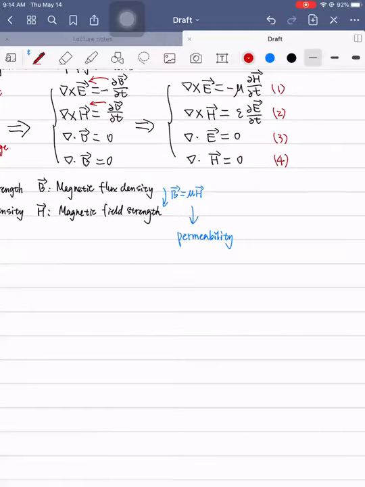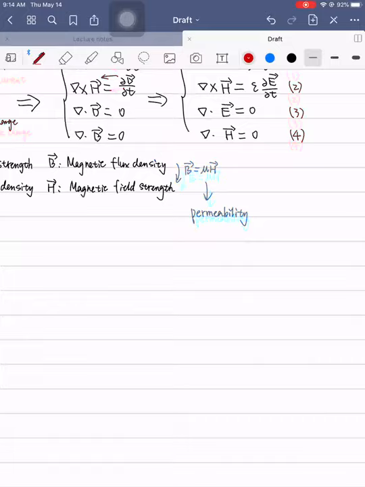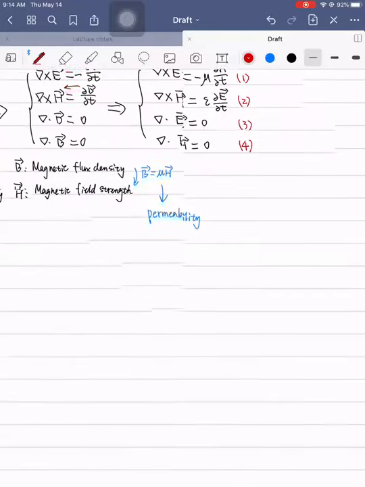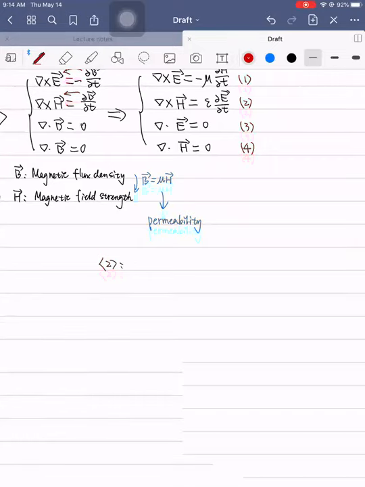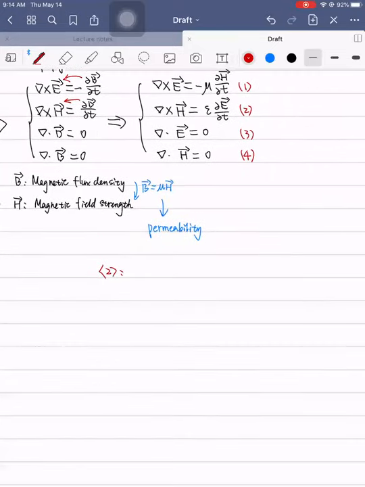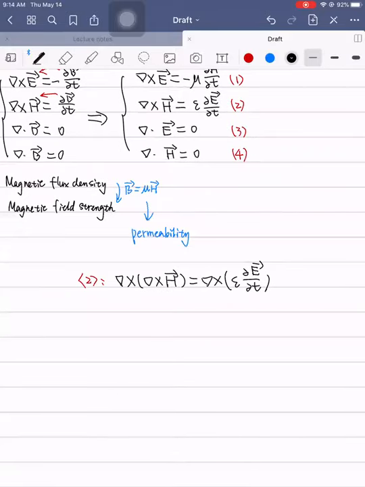So I want to write following this. We can take the curl to both sides of equation 2. And according to the vector analysis, the left-hand side of this equation can be written as follows.